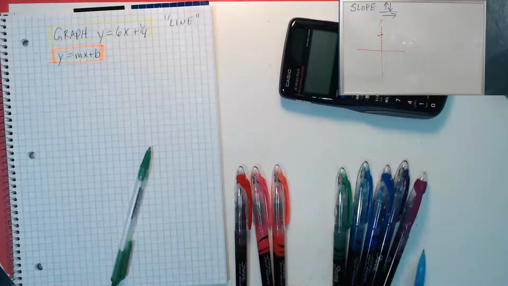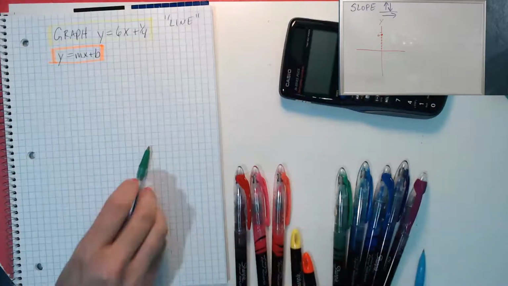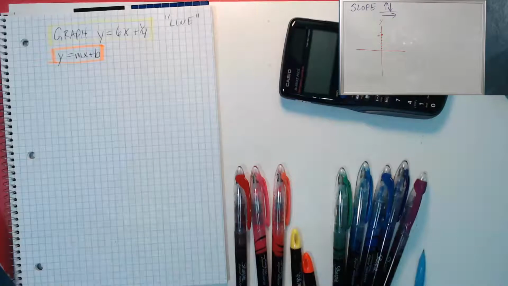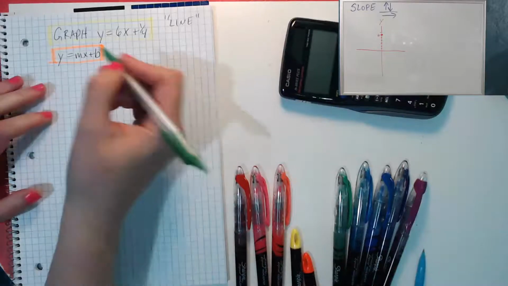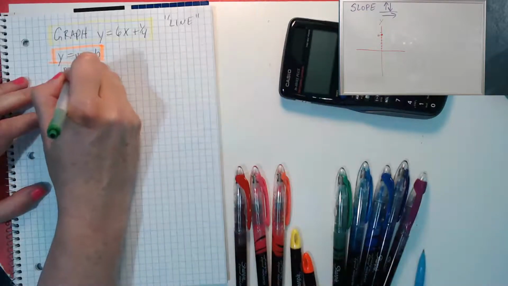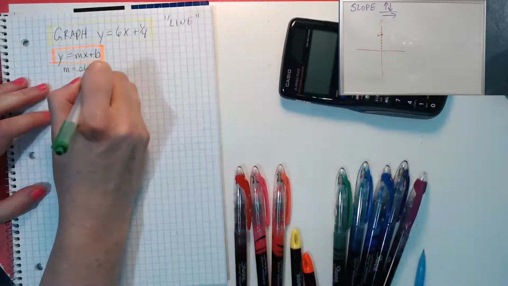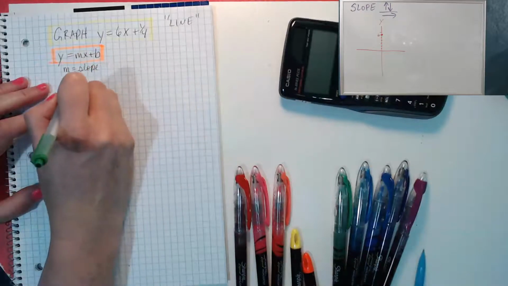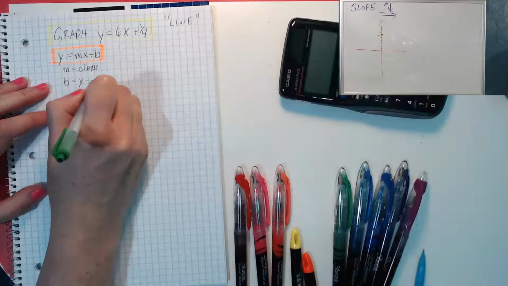You have to know that equation, okay? And you also need to know that the M is the slope, and the B is the y-intercept.